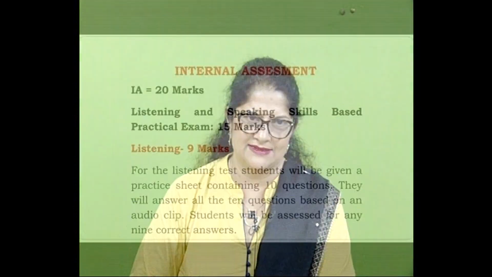In the exam, you will get a question paper. So from an examination point of view, this is the importance of listening skill: if you listen to all the instructions given during the EDUSAT lectures, carefully note down the important points and then do the practice in your classes also, you will be able to score well in the final exam.